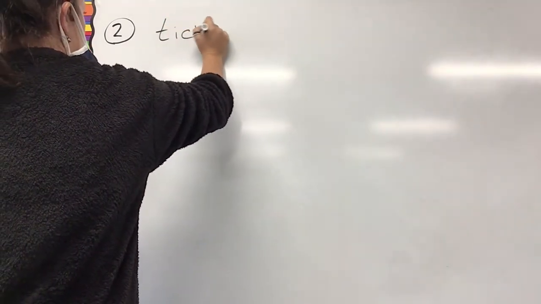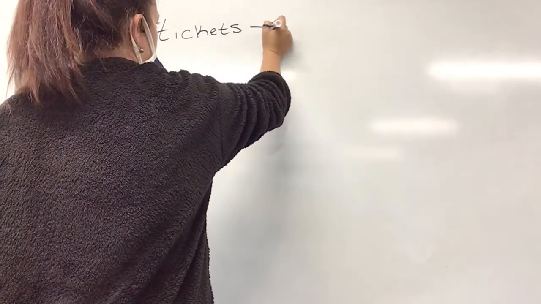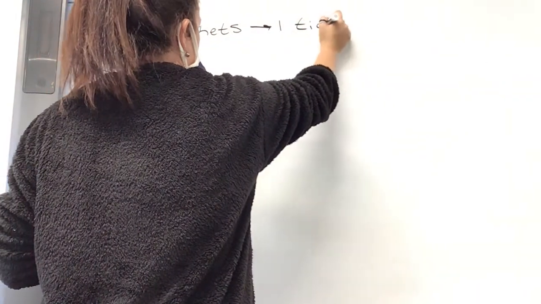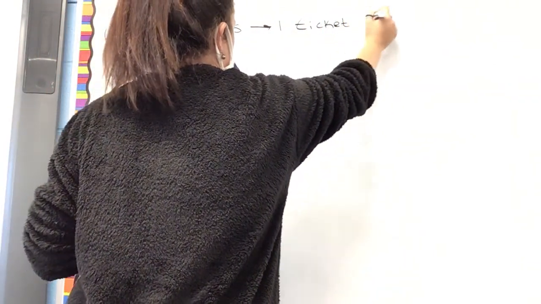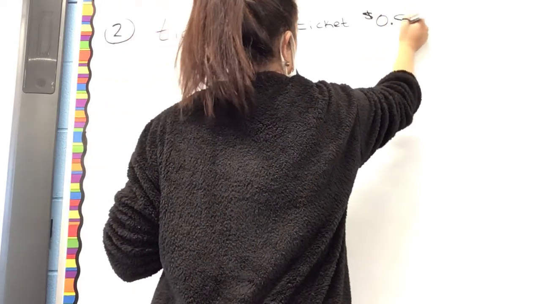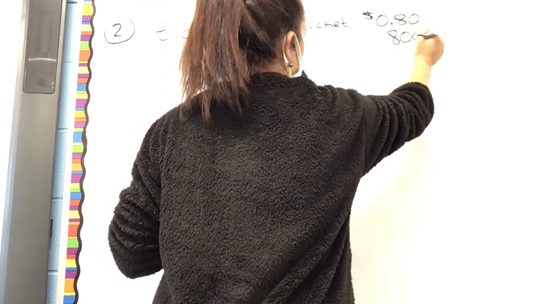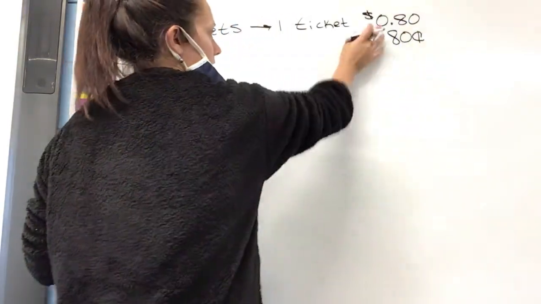Tickets. When you buy just one ticket, it's 80 cents. Remember, 80 cents can look like that or like that. Okay, that means the same thing.